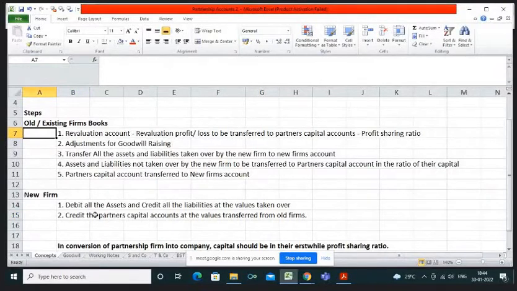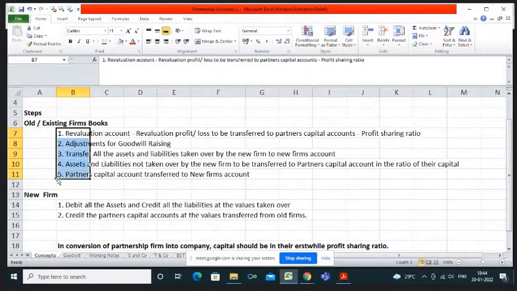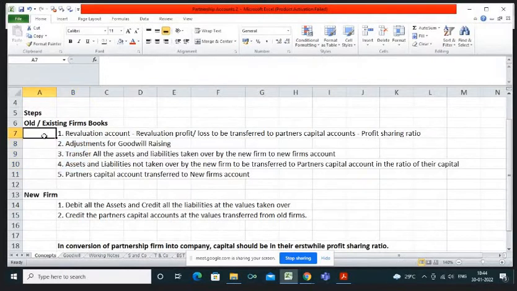Whether the question is asked from the new firm's point of view, definitely you have to do the workings for the old firm also. But this will be part of the working notes, not part of the answer. If they ask about adjustments in the existing firm's books, then you have to do all these steps.